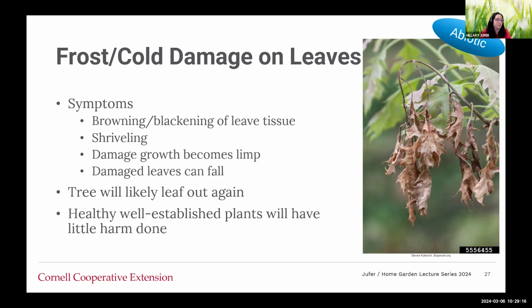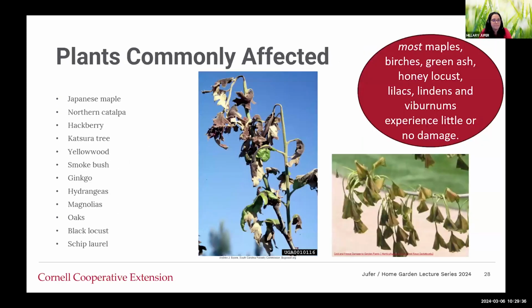Most of the time the trees will leaf out again, and just like with the flowers, healthy, well-established plants will have little harm done by this. So even though you might lose the flowers with the last one, or you might lose the leaves and have it re-leaf out, it's not the end of the world for a healthy tree.